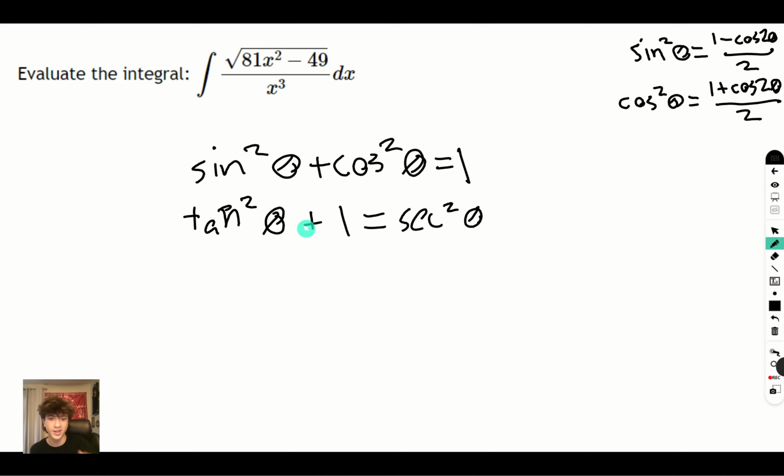But none of these quite work. Here we have a positive variable, and we're subtracting a constant, a positive variable, and then a negative constant.